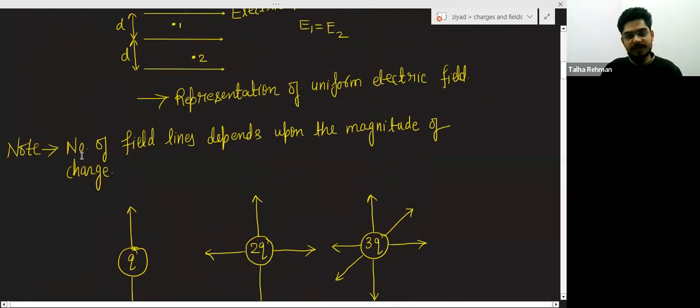So this will be clear: the number of field lines depends upon the magnitude of charge.